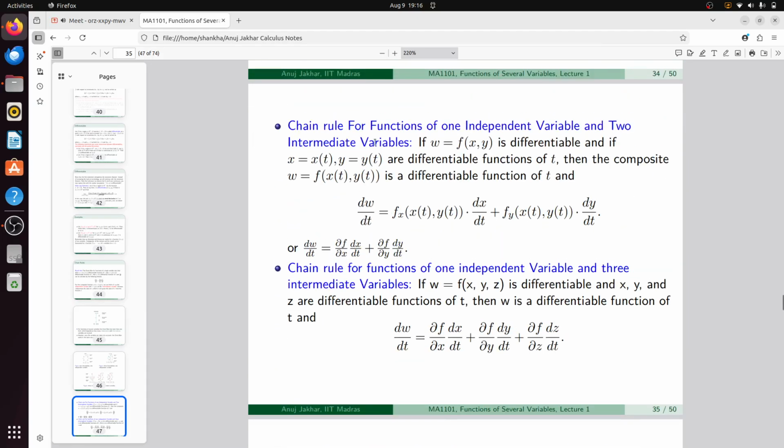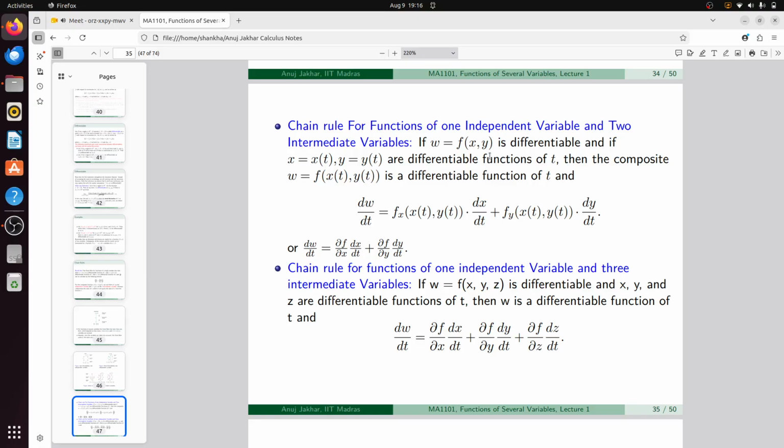So the chain rule for a function of one independent variable and two intermediate variables: if w = f(x, y) is differentiable and if x = x(t) and y = y(t) are differentiable functions of t, then the composite function w = f(x(t), y(t)) is a differentiable function of t, and dw/dt equals the following. f is first a function of x and y, and then your final variable is t.